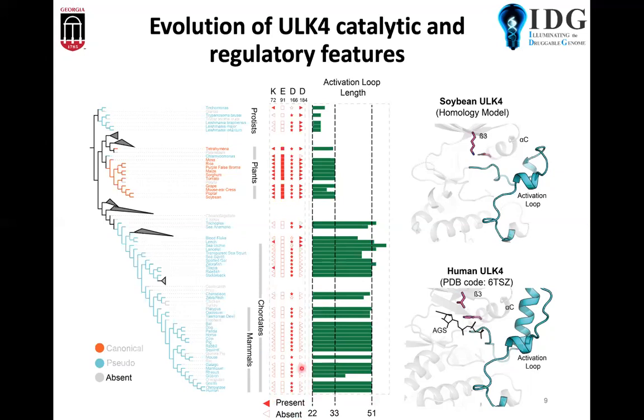In other words, mammalian ULK4 has a much longer, extended activation segment that wraps around and interacts with the C helix, while some of the plant orthologs of ULK4 have a much shorter activation loop, of the more canonical length.